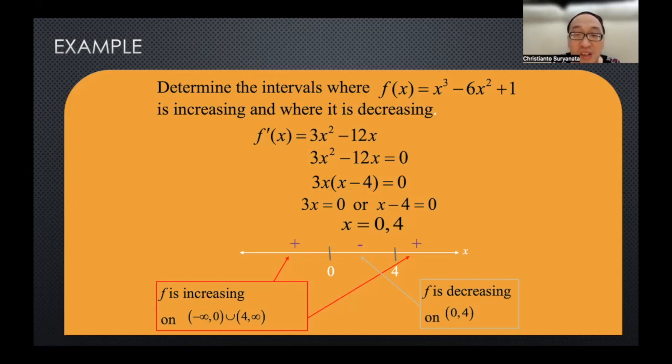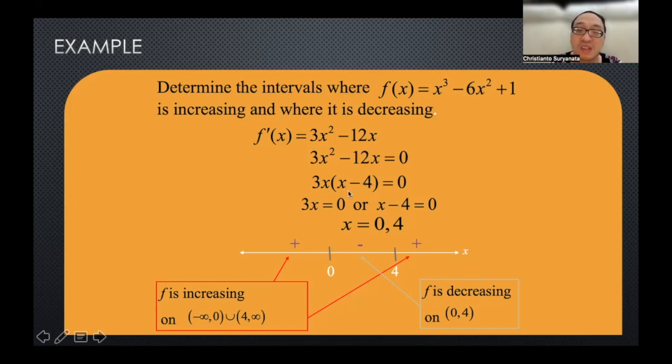So negative 3 times negative 5 is positive. So we have a positive value for any x smaller than 0. We check again, for example with 1: 3 times 1 is positive 3.